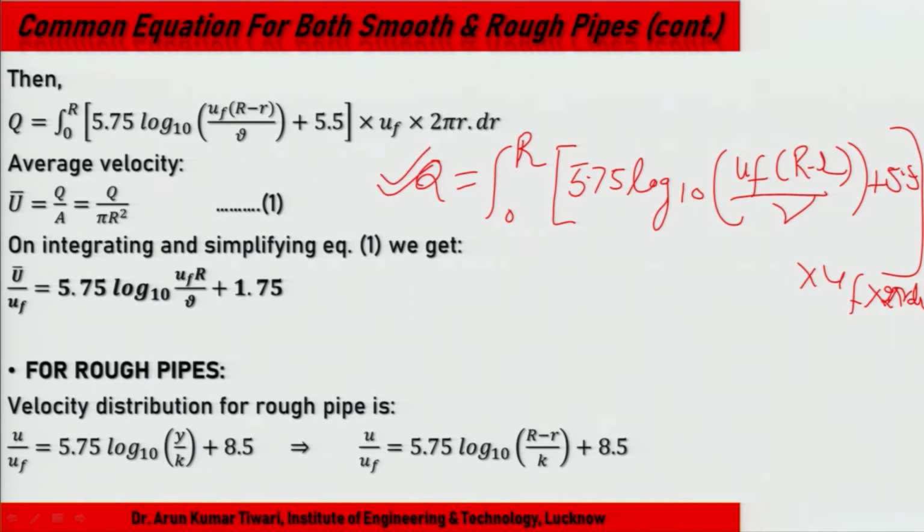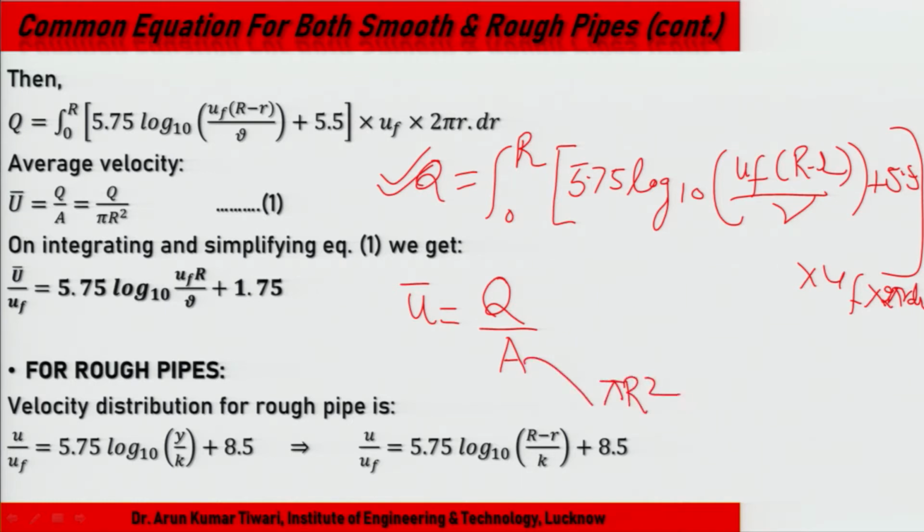Then what is the average velocity? All the time we have to calculate the average velocity, which equals Q upon area, and the area is pi R square.